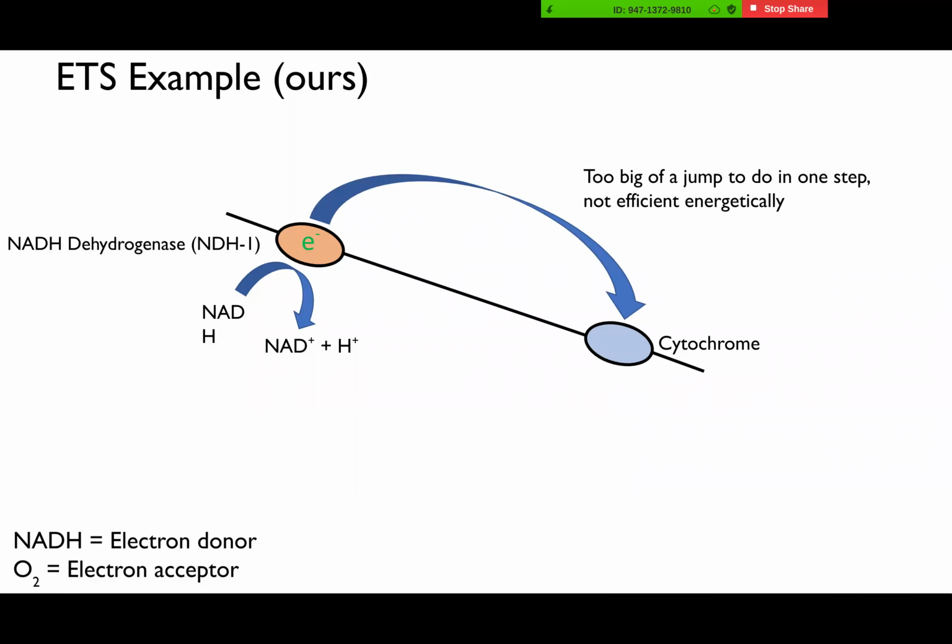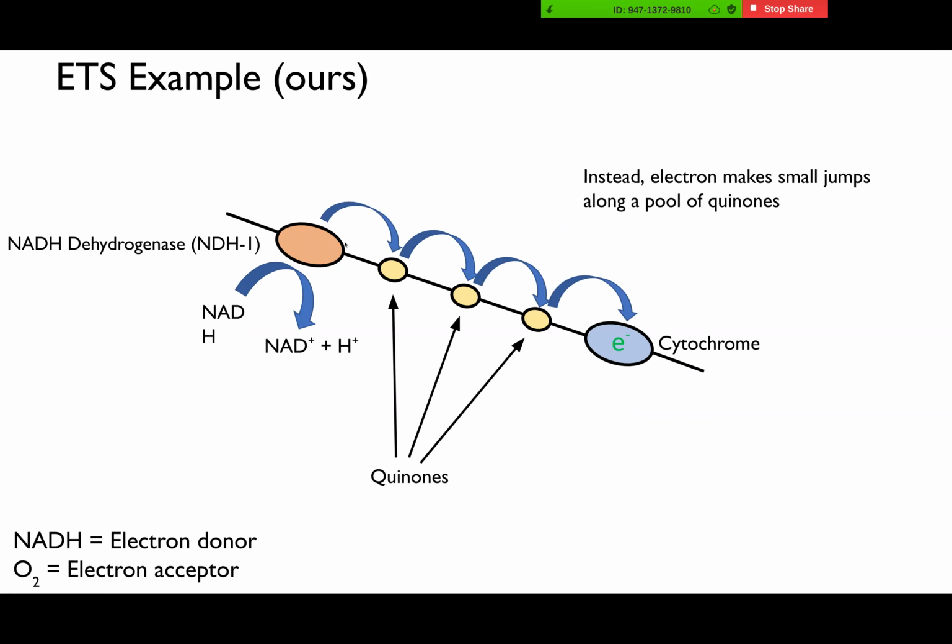Then, through a series of reactions, because transferring this electron from the NADH dehydrogenase all the way down to cytochrome is too big of a jump and not energetically efficient, we use a pool of molecules called quinones to transfer this electron. We transfer it first from the NADH to the NADH dehydrogenase, and then pass it down this pool of quinones until we end up at the cytochrome.